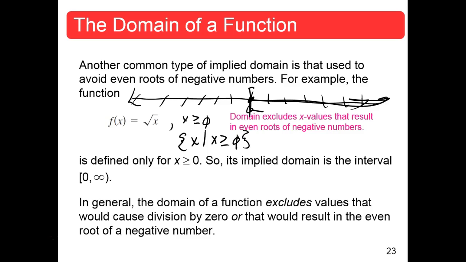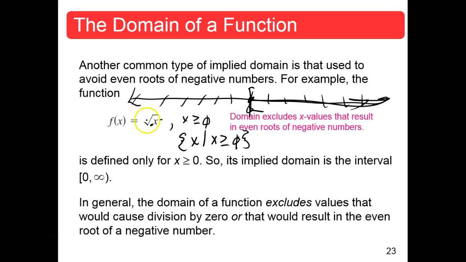If you had the index for the radical, and here's something a little bizarre. Anytime you don't see a coefficient for a variable, what do you understand it to be? 1. Anytime you don't see an exponent of a variable, what do you assume it to be? 1.